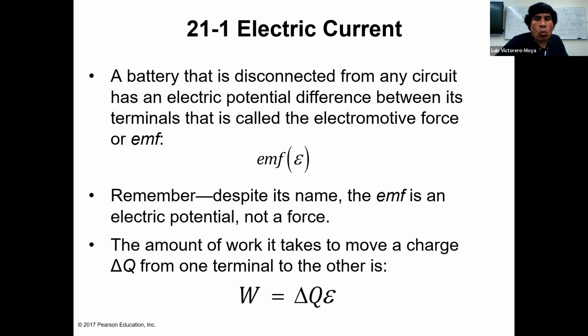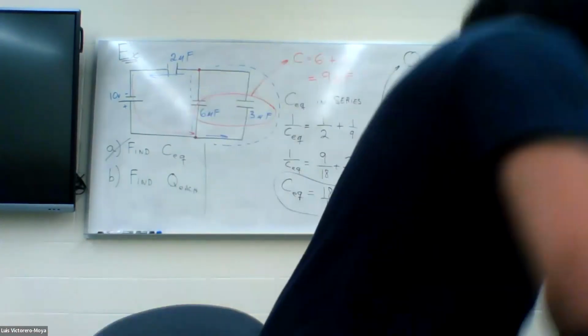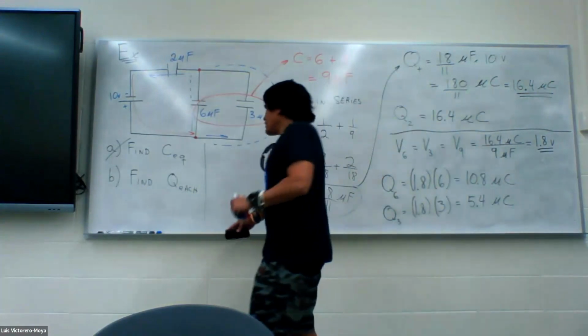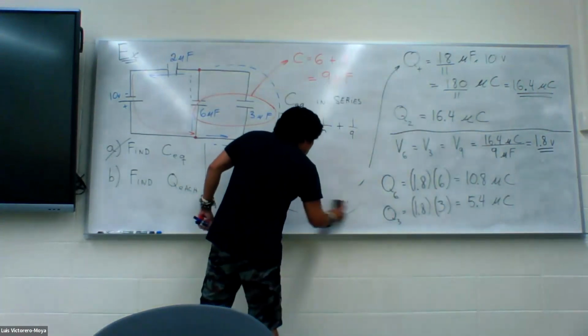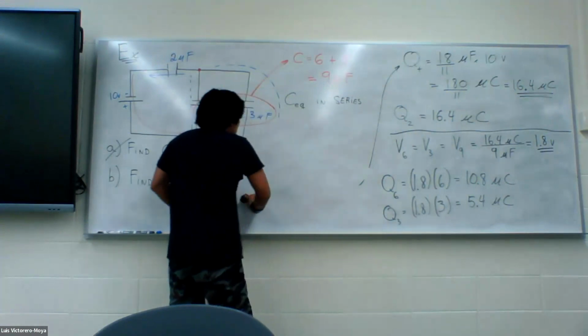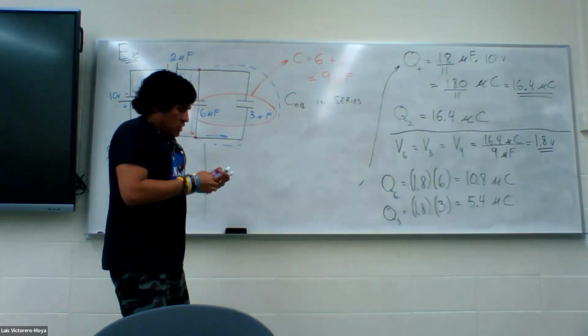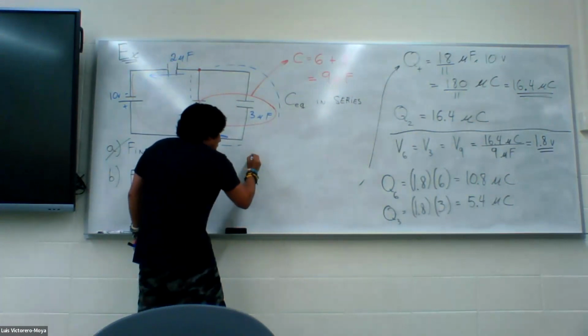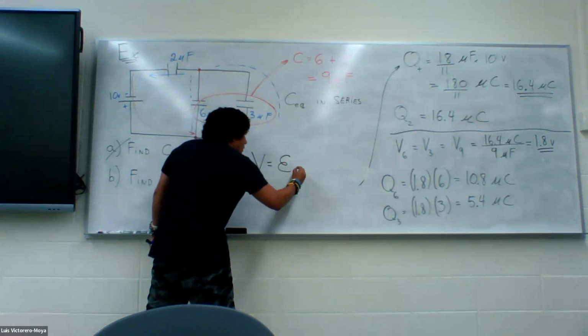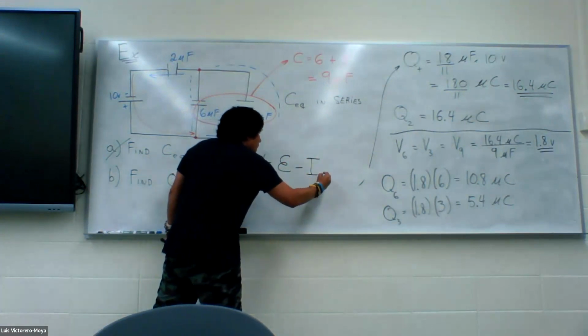So what is the relationship? Well, it's not in the slides. It might be in the textbook. But the relationship between EMF and voltage is this. V equals the EMF minus IR.